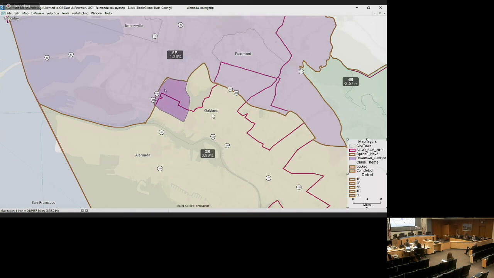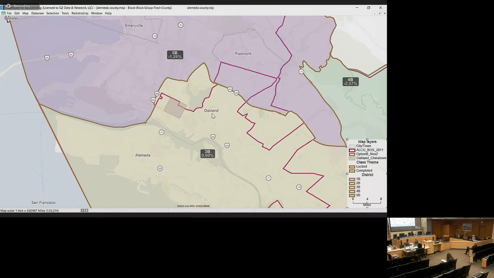And that's really how we came to these boundaries of West Grand and 980. We also have a submission for Chinatown. I'll turn off that one so you can see it a little bit more. And so our Chinatown community of interest is in 3. So really, we tried to follow the communities of interest here as much as possible.